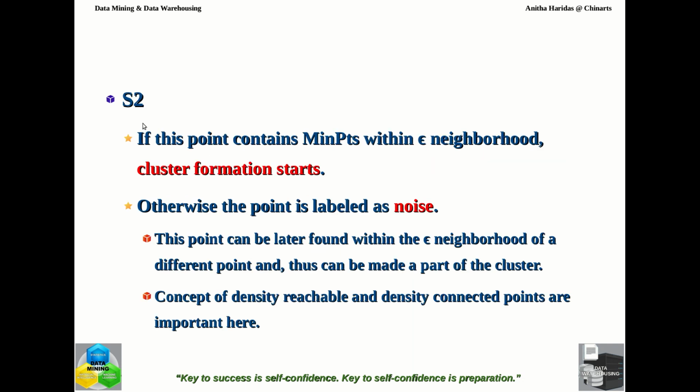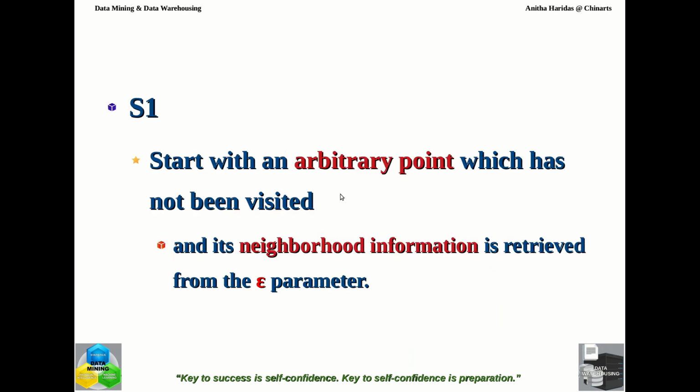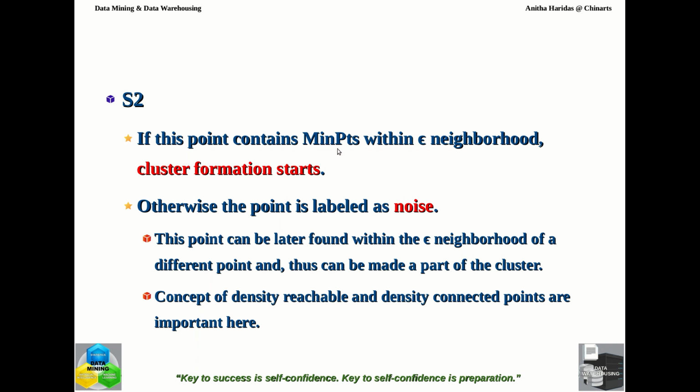In the second step, if the arbitrary point selected in step 1 contains the minimum number of points within the epsilon neighborhood, then we can go for clustering, because if it has greater than or equal to minimum points, it is going to be part of a dense region. So we start the cluster formation.